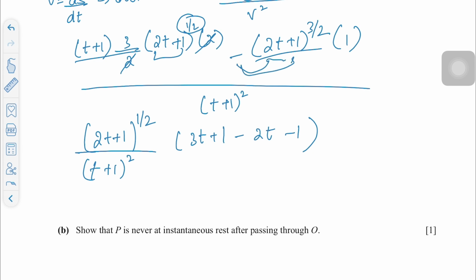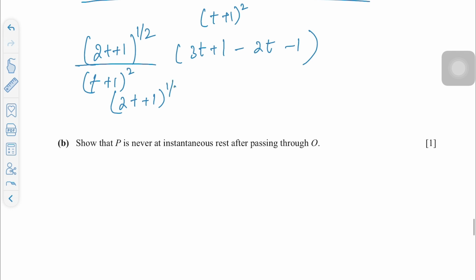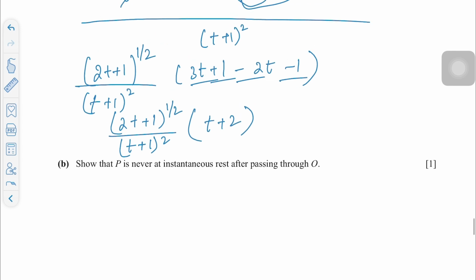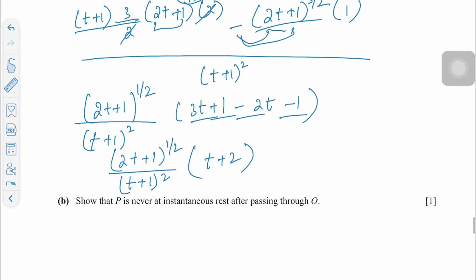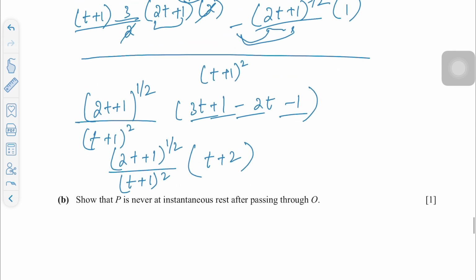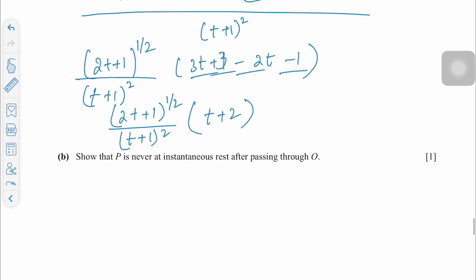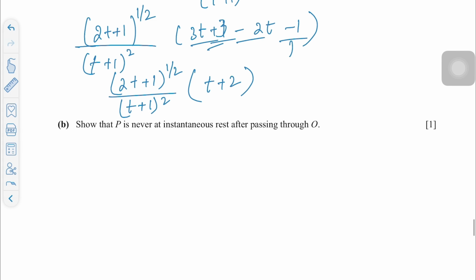So we have our final answer as 2t plus 1 power 1 over 2 over t plus 1 whole squared, and this would be t plus 2. 3t minus 2t is basically t, and this 1 and negative 1, sorry, I guess we made some mistake over here. This is basically 3. 3 is multiplied over here, right? So we have plus 3 minus 1, this is equal to 2.